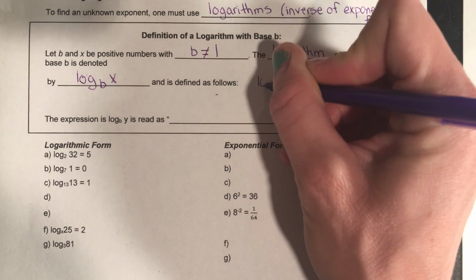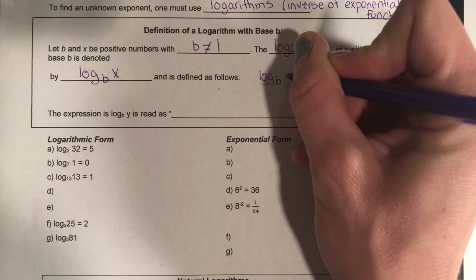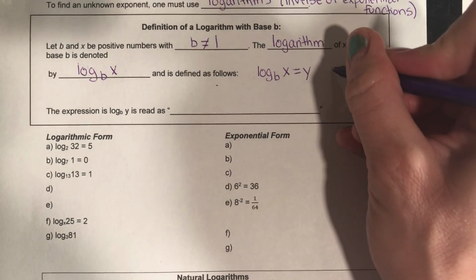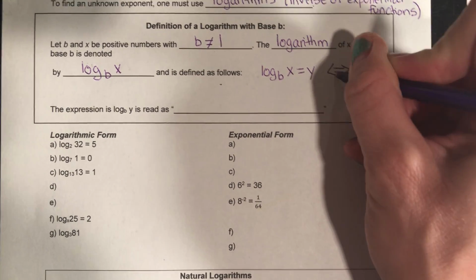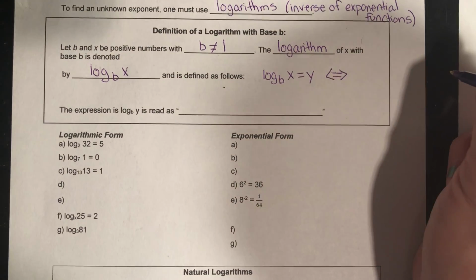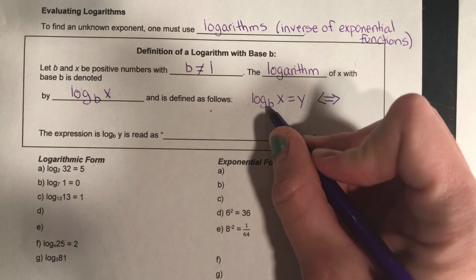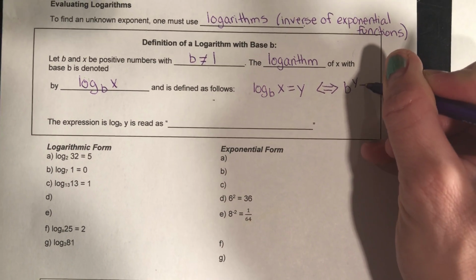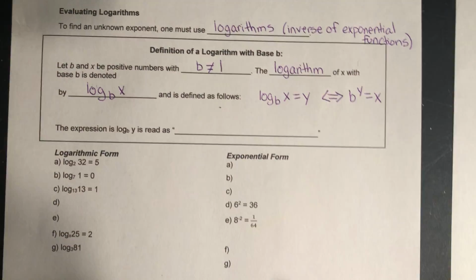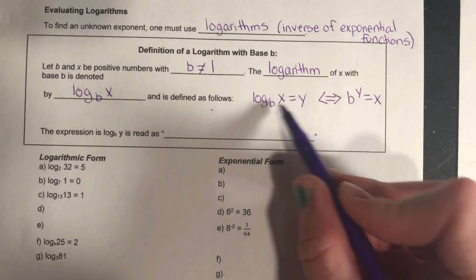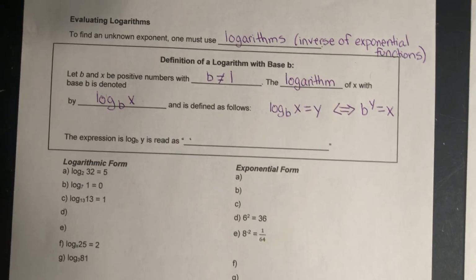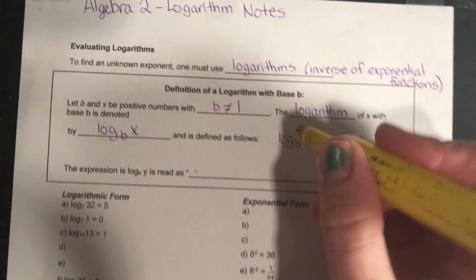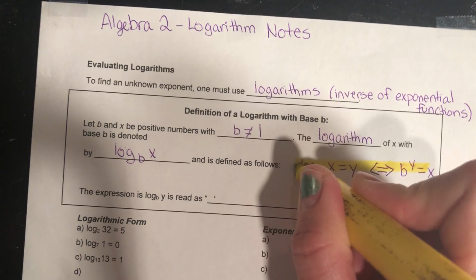If you have log base b of x equals y, this is interchangeable, meaning you can go back and forth between the two forms: b to the y power equals x. That is probably going to be the most important concept of this entire lesson today. I'm actually going to highlight that because that's how important it is.